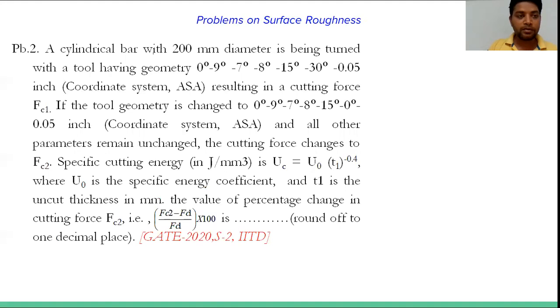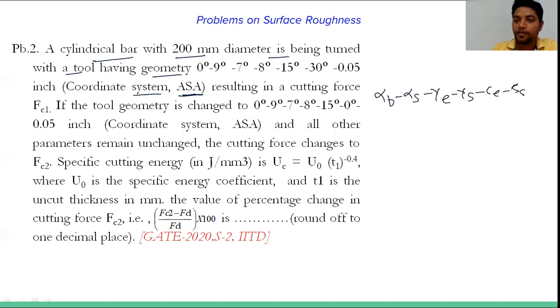Okay, so let's move to the next one, and this is the wonderful problem. A cylindrical bar with 200 diameter is being turned with a tool having geometry, that is this one. Again, the coordinate system is ASA. So let's see, this is alpha B, alpha S, this is gamma E, gamma S, this is CE, CS and R. There are two tools basically.